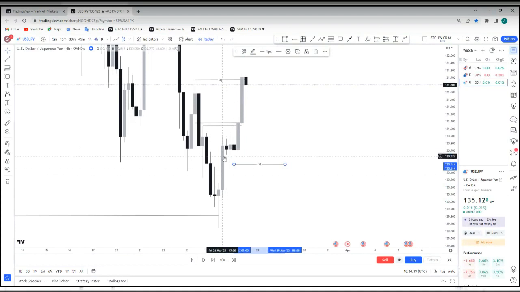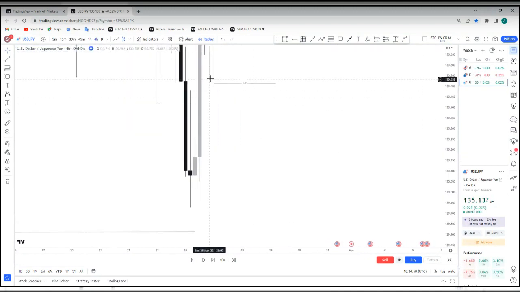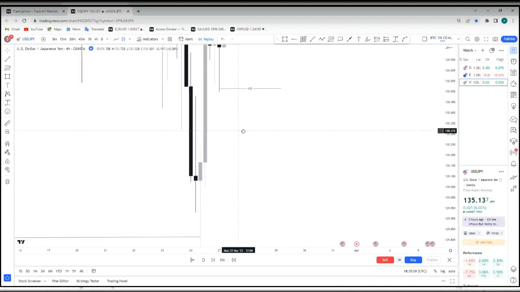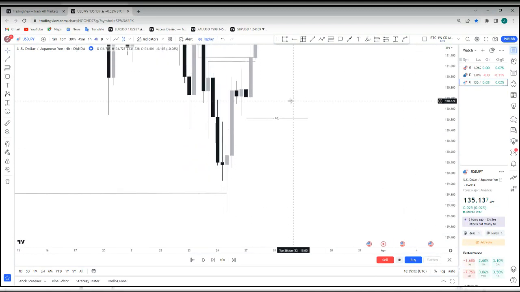This candle, this guy, this, what is the name of this candle? These people that used to use price action. I've forgotten this candle name. This candle, this huge candle is going to be your demand.